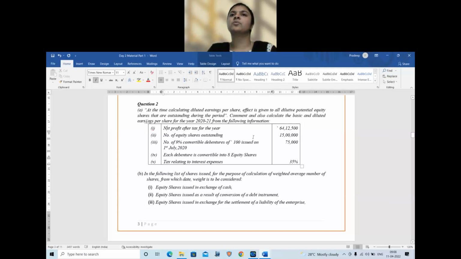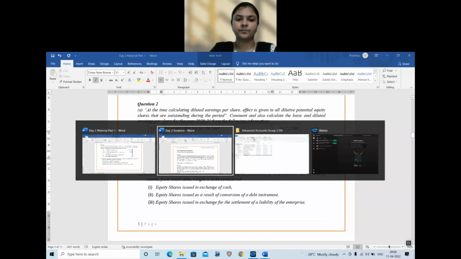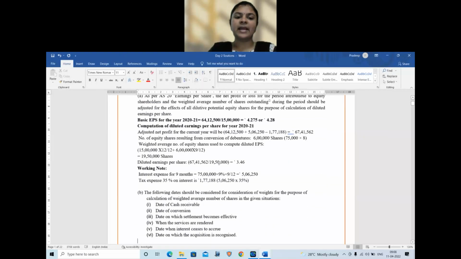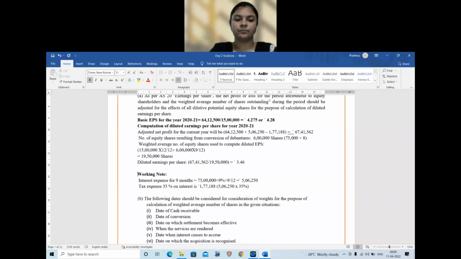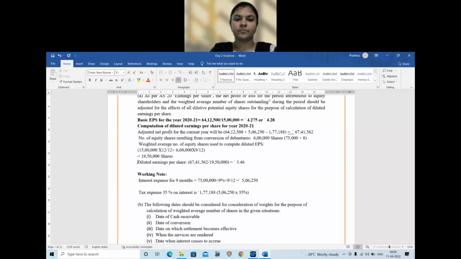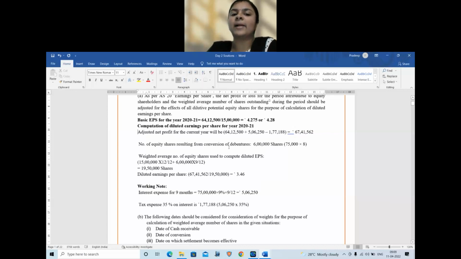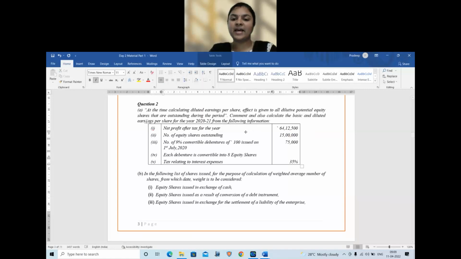Now, first what we need to calculate? We need to calculate diluted earnings. Diluted earnings is equal to 64 lakh 12,500 plus the interest on debentures. 75,000 is the number of debentures.